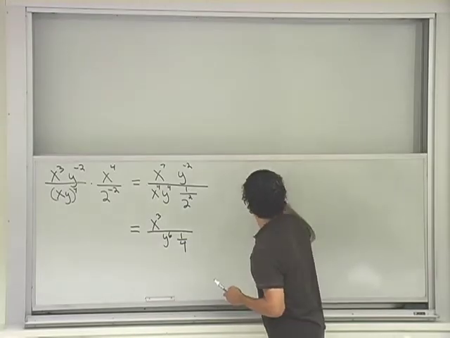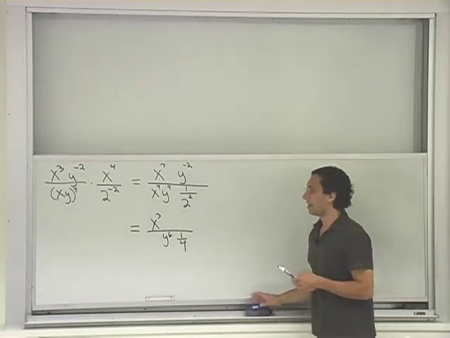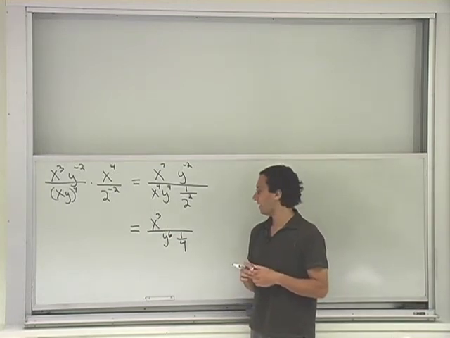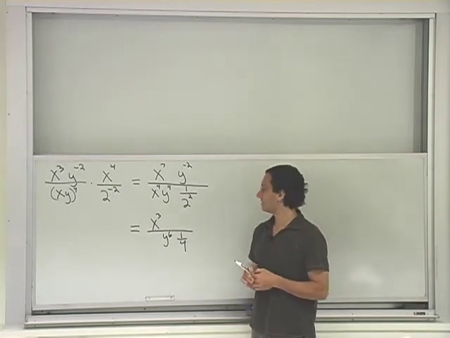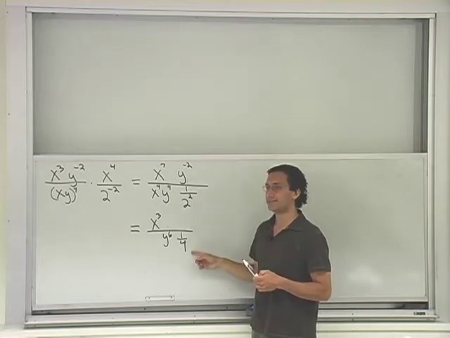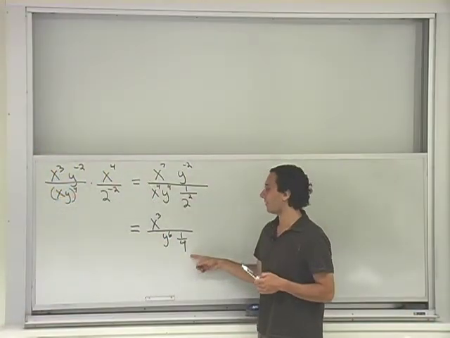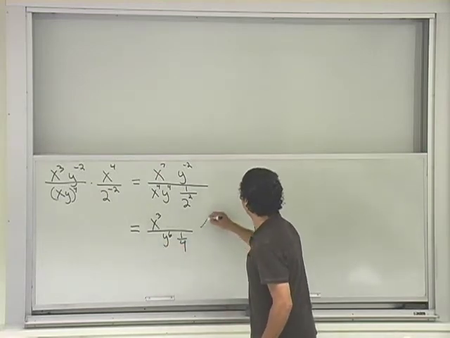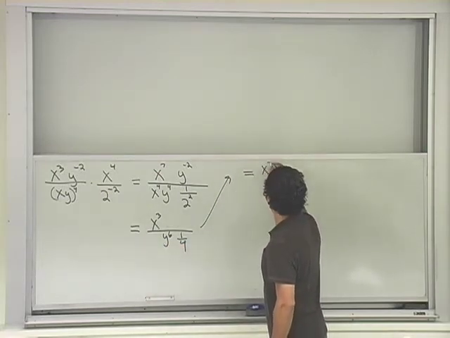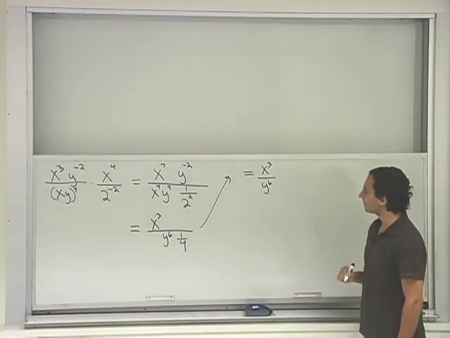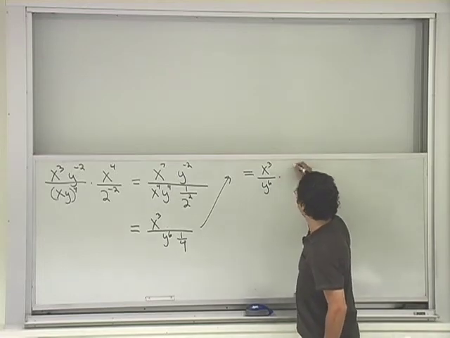Well, I can quote a rhyme from one of my ex-Math 112 students. Dividing fractions is easy as pie. Just flip the bottom and multiply. So in other words, I'm going to take this and break it up into two pieces first.